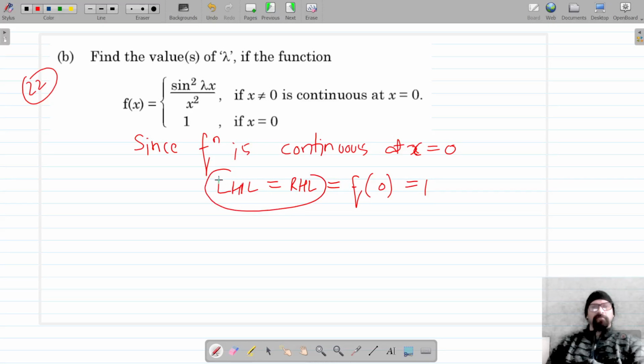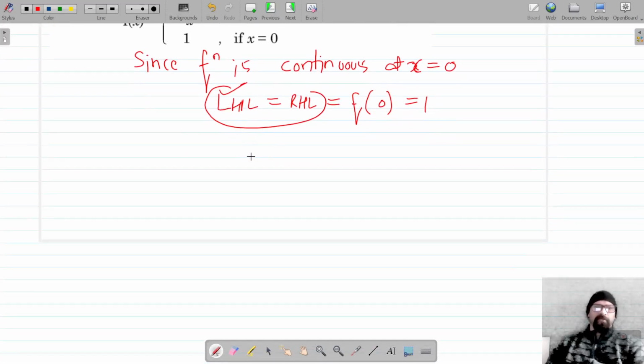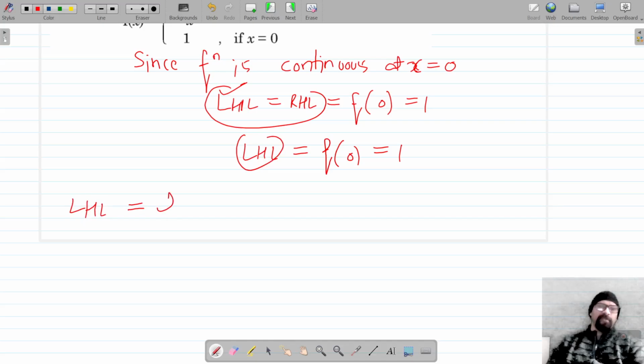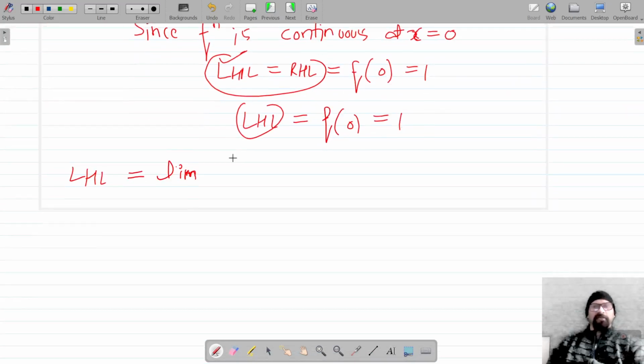Let me take any one of the values. I'm going to take the left hand limit and equate it to the value of the function, which is equal to 1. So now I'm going to find the left hand limit at x is equal to 0.